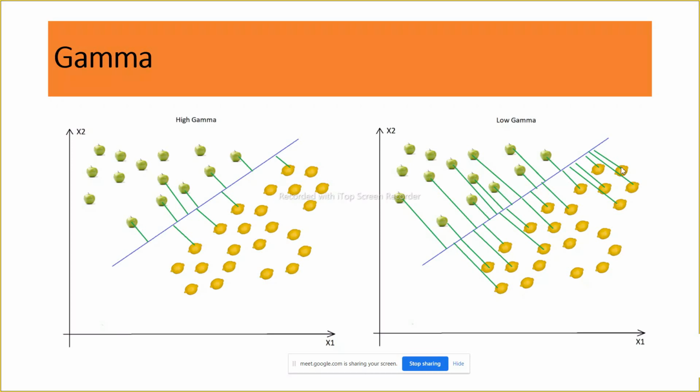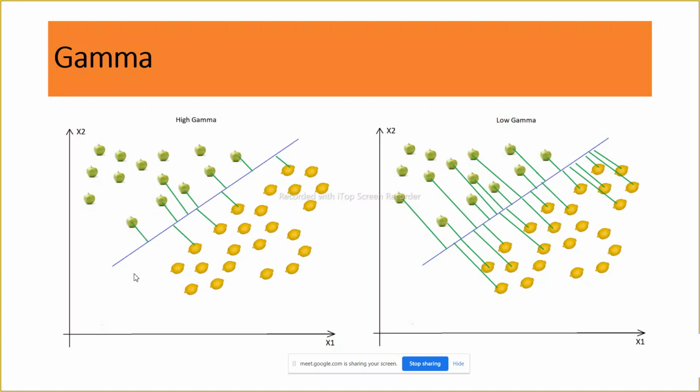Here you can see some points. This is the apple and this is the orange. This is my decision boundary, and you can see the points' distances. This distance is far compared to this one. Here the distance is closer. All of these samples are closer to the decision boundary.